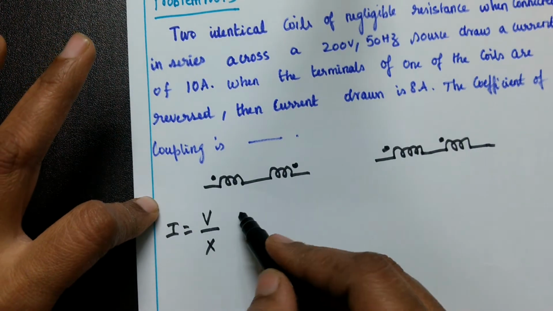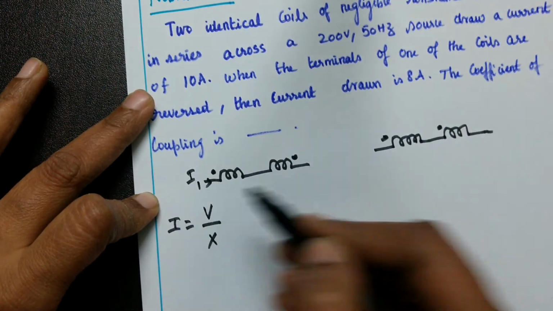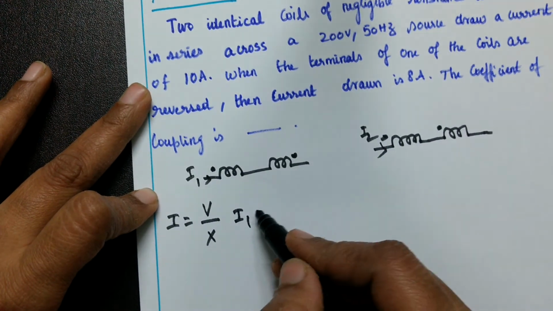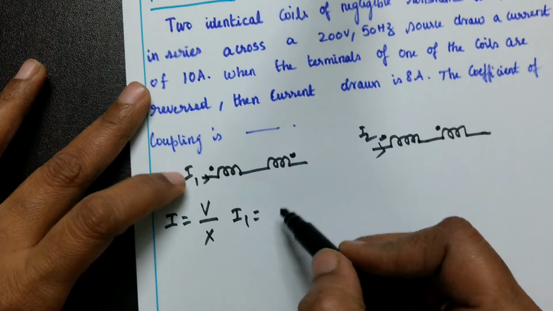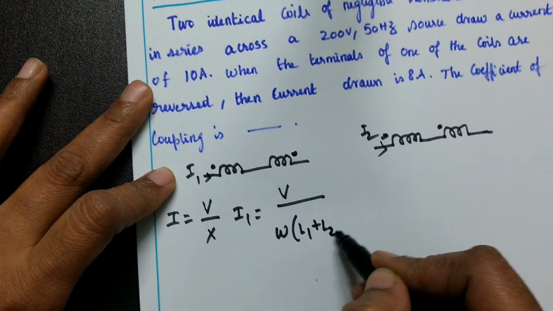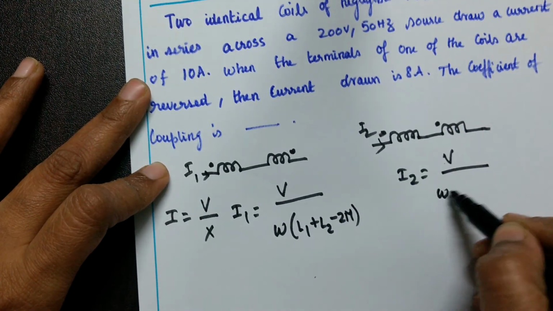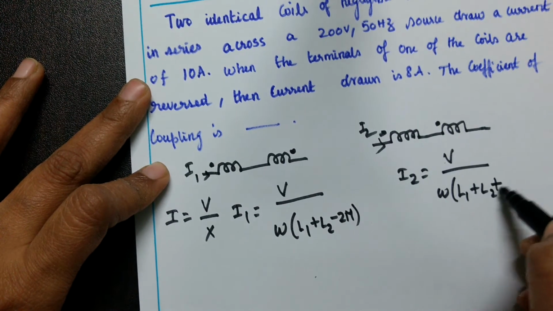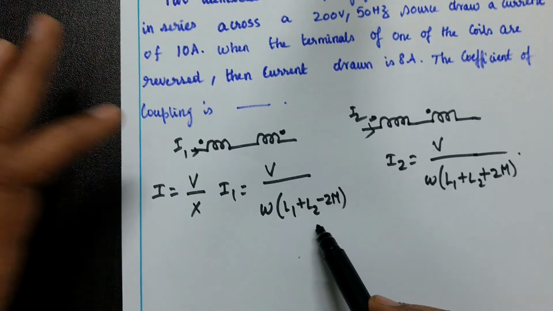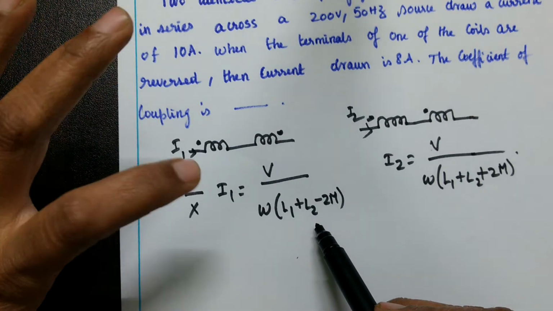Let me take I1 and I2. For the series opposing connection, I1 equals V by omega into L1 plus L2 minus 2M, and I2 equals V by omega into L1 plus L2 plus 2M. Here, if the denominator has the lesser value, the current will be greater.